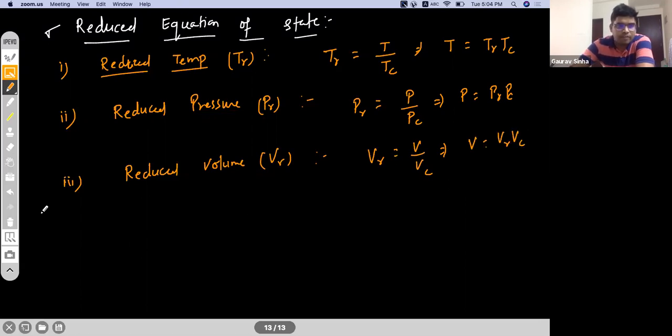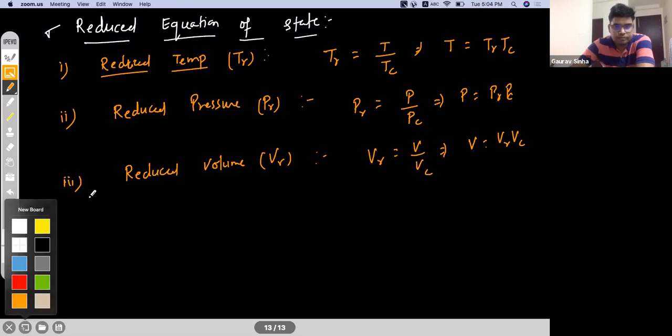Okay. Now we have this thing. Copy down this first. We have the real van der Waals equation. In the van der Waals equation, we substitute this pressure, volume, and temperature in terms of Tc and Tr. Tc, Pc, Vc we know already. We have just now got the formula.